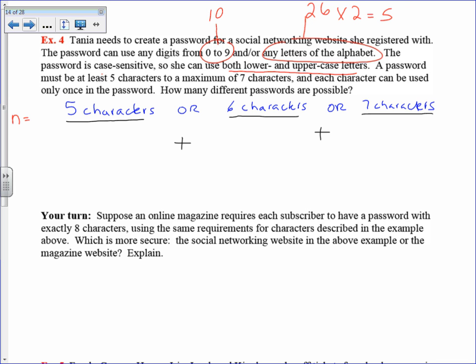So that's 52 letters she can choose from, plus the 10 digits, which gives a total of 62. So for this one, r equals 5, for this one, r equals 6, and for this one, r equals 7.